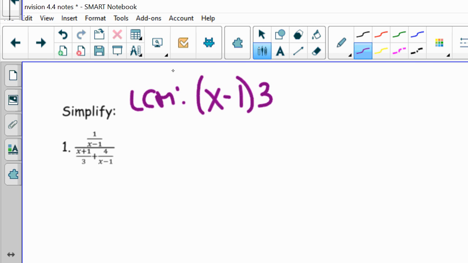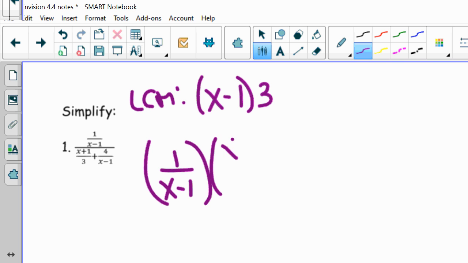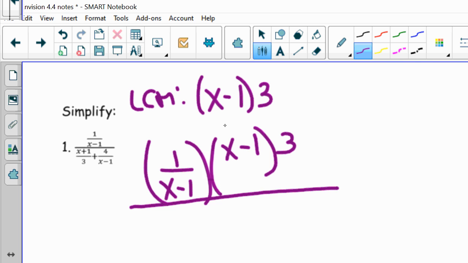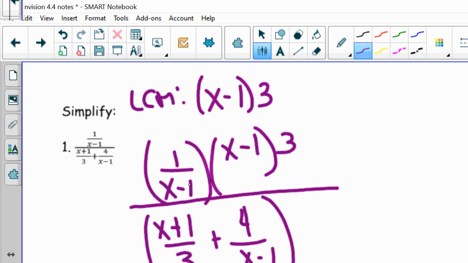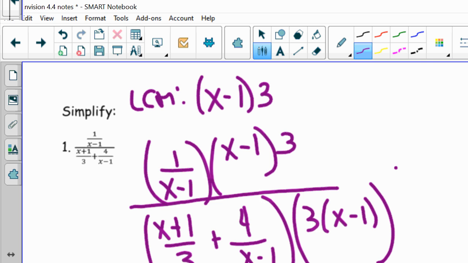So I'm going to take the top, 1 over x minus 1, multiply that by x minus 1 times 3. All of that over the bottom, x plus 1 over 3 plus 4 over x minus 1, all of that times 3 times x minus 1.